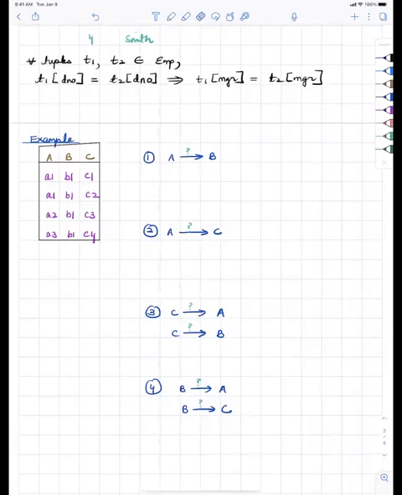So I want you to try this out. So the first one, does A determine B? Anyone? Is that true or false?